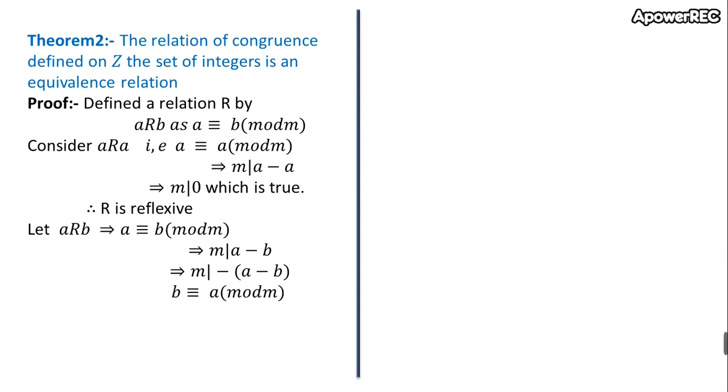By the definition of congruence, that can be written as b congruent to a modulo m. Hence, we get b related to a. Hence, our relation R is a symmetric relation.